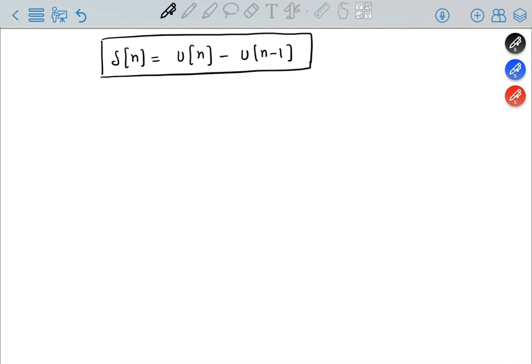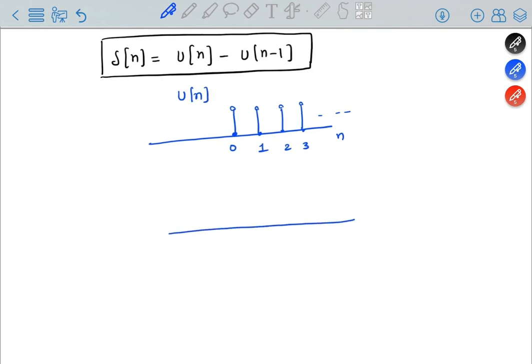So how can we visualize it? We know how u n looks. We have this n axis, and for all values which are greater than or equal to 0, it will take a value of 1. This is the plot of the unit step signal, u of n. Now we have already studied the shifting property.